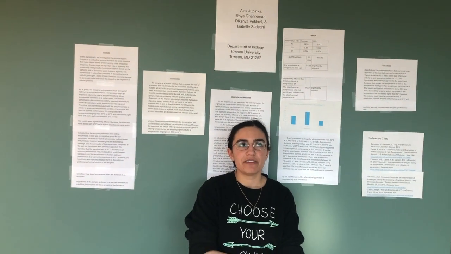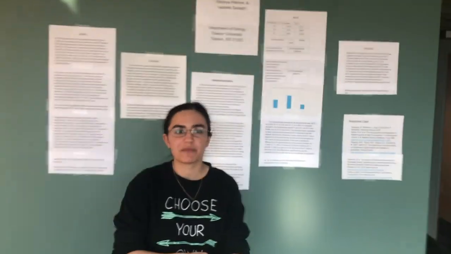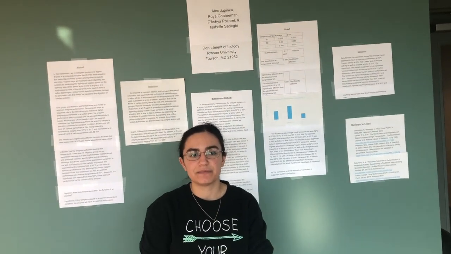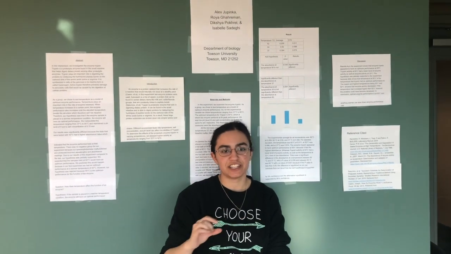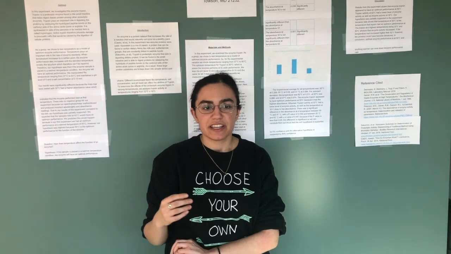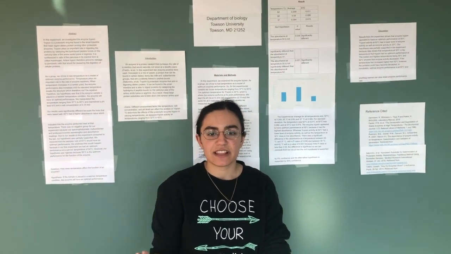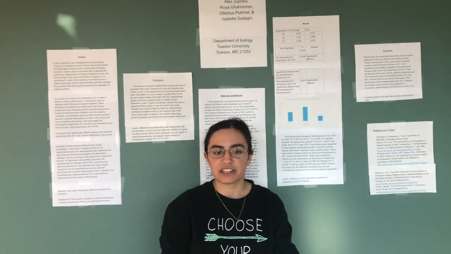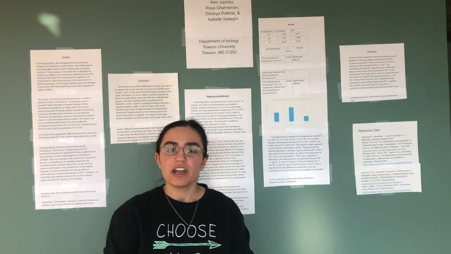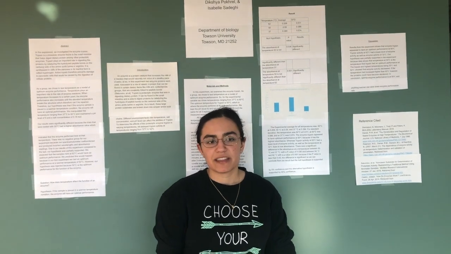Going forward, to improve our experiments from first to second, we increased the pH from 8 to 9, and we also increased the temperature, and these changes allowed us to have more ideal conditions. For future experiments it would be beneficial to make improvements to prevent error in our water baths.